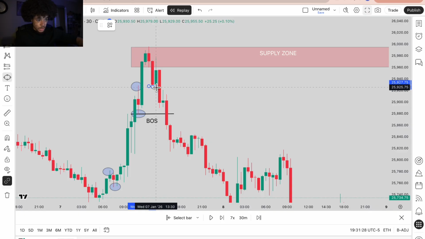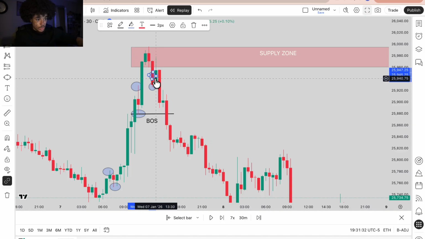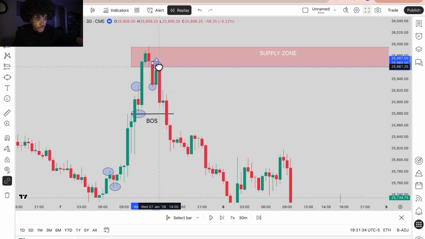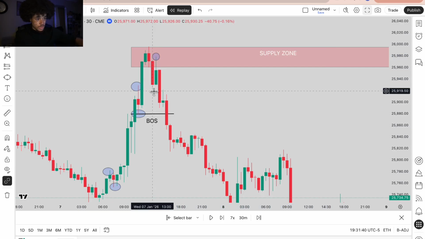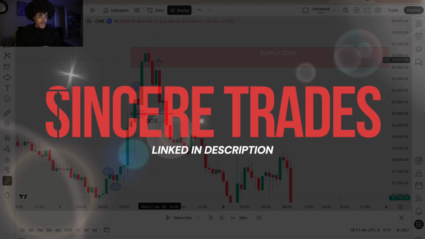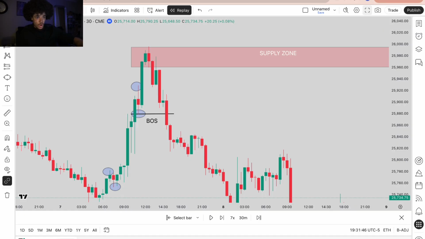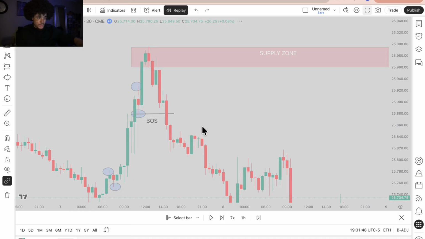So right here would be my low. And then in order to find my lower high, I want to see a move up and then a move down. So right here, lower low, lower high, and I just repeat that process, okay? So that's literally how you identify your uptrends and downtrends, just in case you didn't know how to do that already.